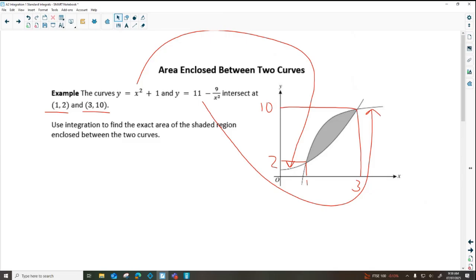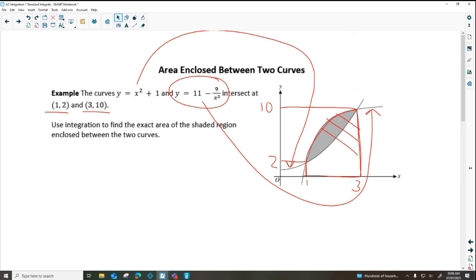So perhaps I'll do this in different colors. Perhaps I'll do this one in red. So this, I can use integration to get, whoops, no, that's the other one, folks. That's the lower one. Let's get this right. Perhaps I'll do the other one in red. Okay, first one. So this one here I'll show in red. So I'm going to find the area under this curve, the top curve between 1 and 3.